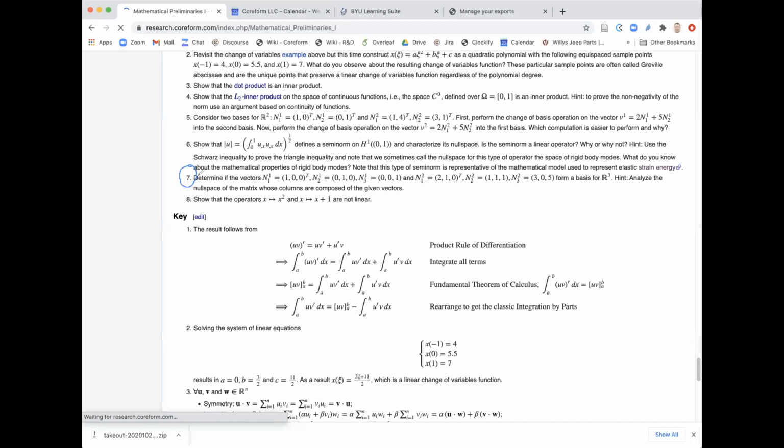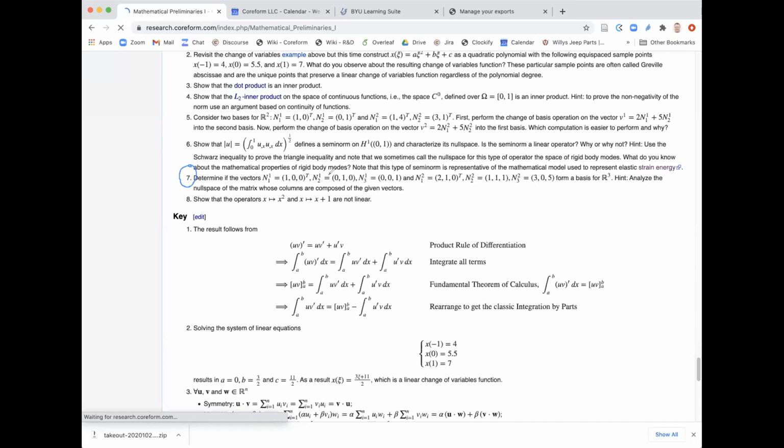Yep. All right, so what I'm saying is if I give you these 3 vectors and then these 3 vectors, I want to know if they form a basis for R3, and the way that you do that is you analyze the null space. So I say analyze the null space of the matrix whose columns are composed of the given vectors.